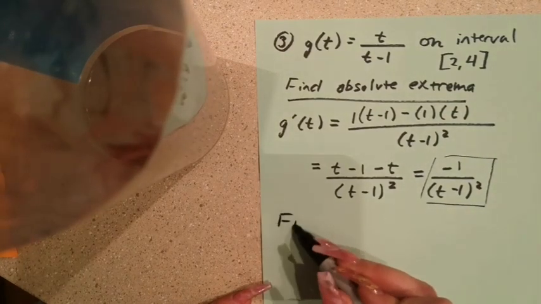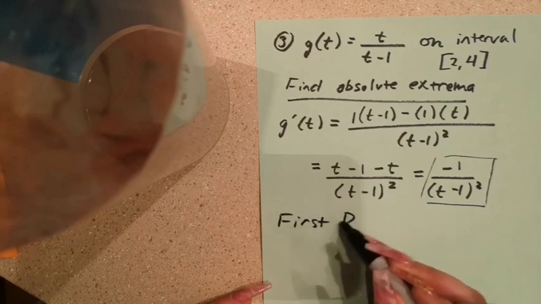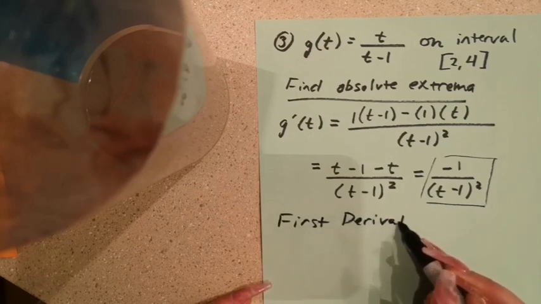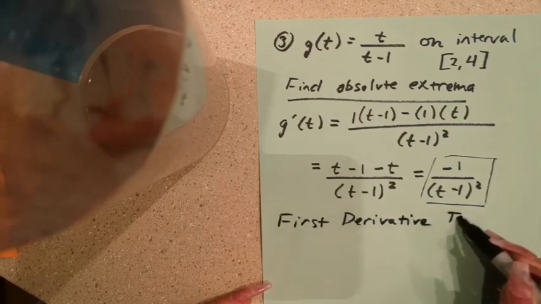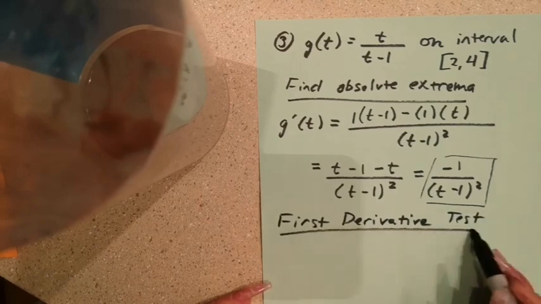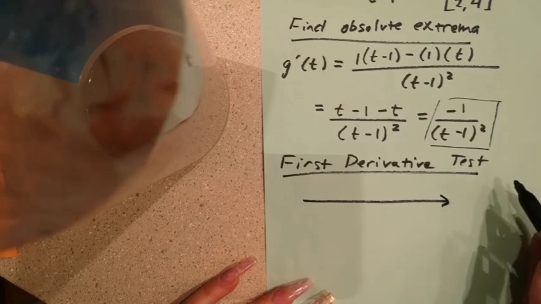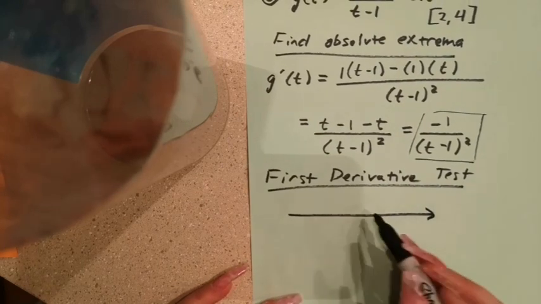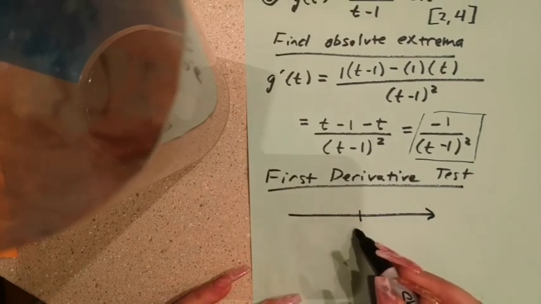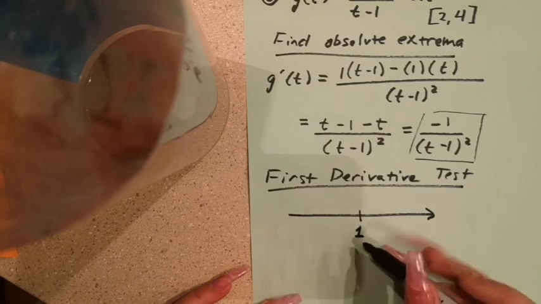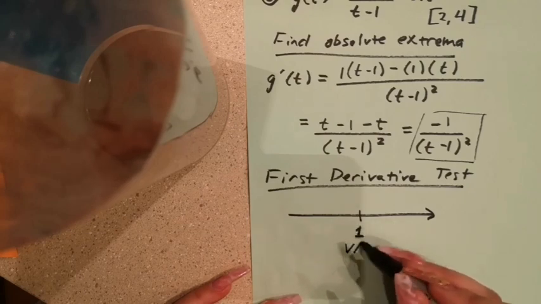If I set up a first derivative test or a sign chart for the first derivative, I actually don't have any critical numbers. I don't have any potential local maxes or mins. Here's 1, but remember 1 is the vertical asymptote.